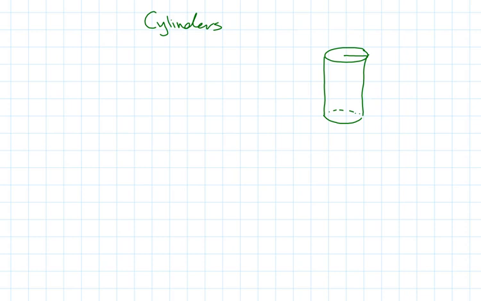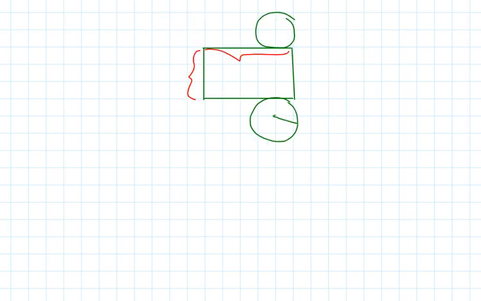The first thing you want to do here is look at the net of a cylinder. So if this is the net of the cylinder, the surface area would be all of these surfaces. You have the circle at the bottom, the circle at the top, and this face right here.